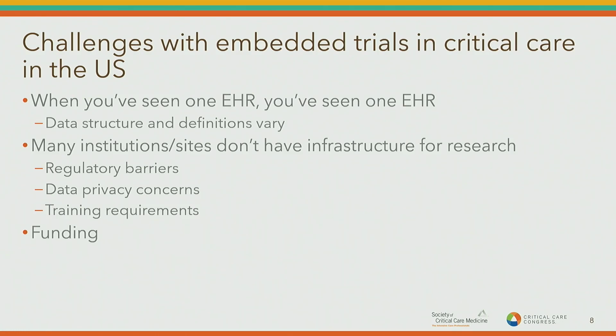So I'm going to move on from picking up the sepsis torch in the clinical trial and go back to some of the challenges with embedded trials in critical care, and I'm specifically doing this within the US context because I think others around the world have done this better than we have. One is, as Danielle was alluding to, there are a multitude of electronic health records out there, and everybody has their data definitions separately.